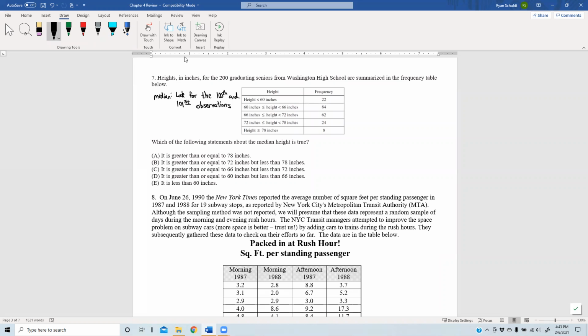I'm going to do a running total. I'm going to do the cumulative frequency over here. That's going to be 22. 22 plus 84 is going to be 106. I'm already past 100. So that means my median has to fall in this range.